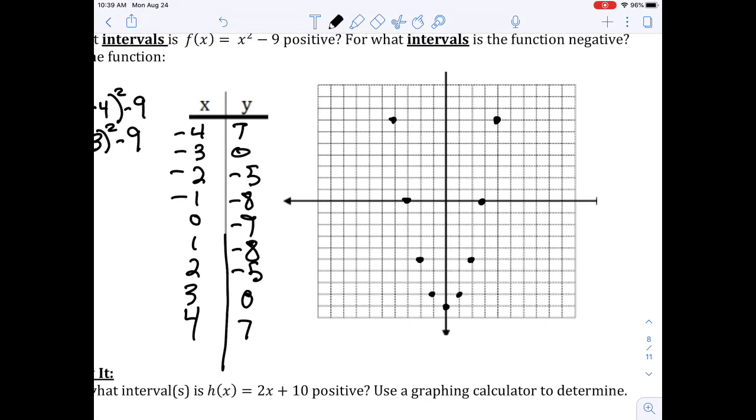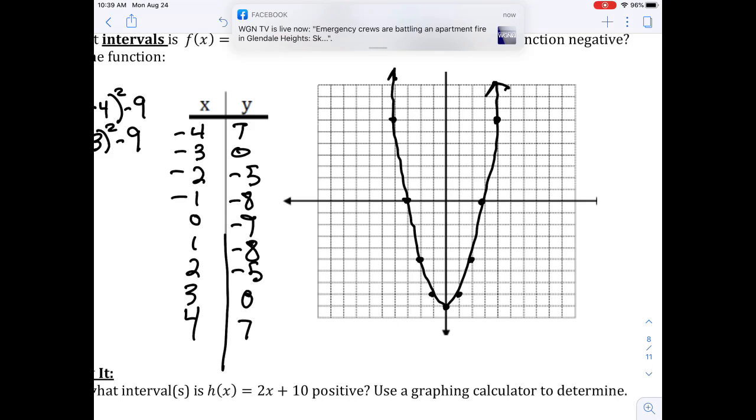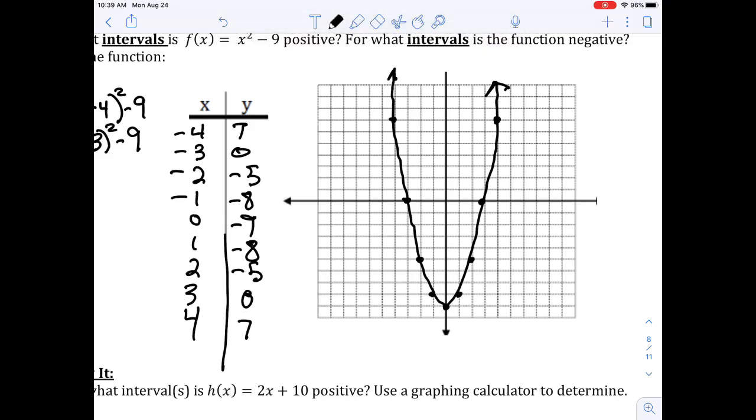Again, hopefully for this curve, you can see the symmetric nature of our U, and it would appear that these points on the quadratic or on the parabola are symmetric over the y-axis there. So this is the y-axis, this is the x-axis. Okay.